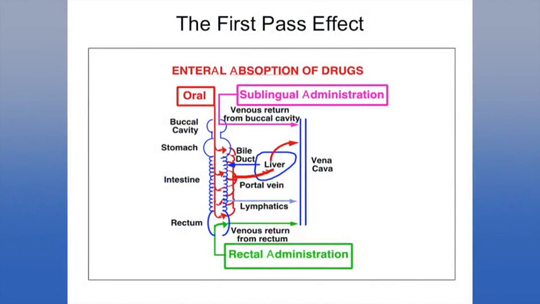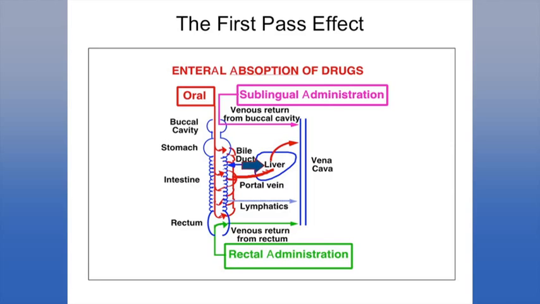So in the top, in the left-hand box here, we have oral administration of a drug. Where does that drug go? Well, follow the red line down and you can see it going down along here. You can see throughout the GI tract, you're getting absorption across the GI tract. Where is that absorption going to? Well, it actually gets absorbed into a very large vein called a portal vein that goes from the intestine to the liver.